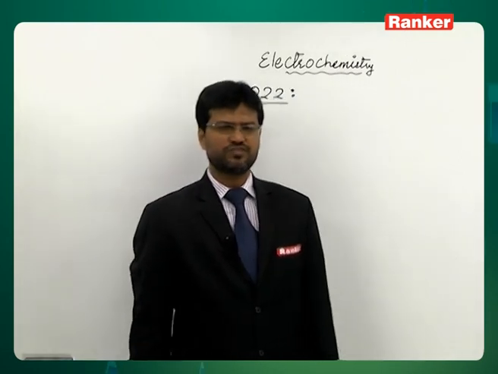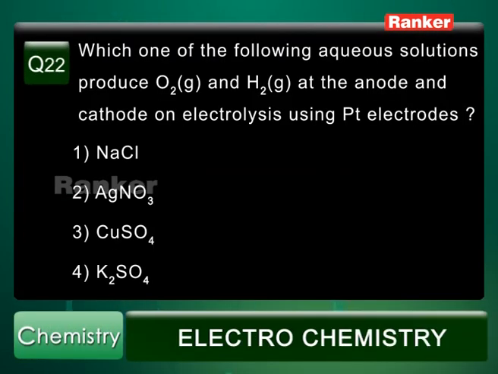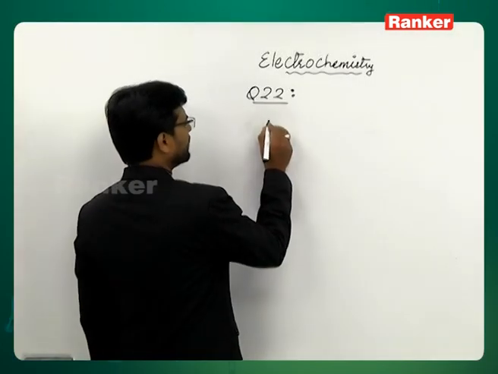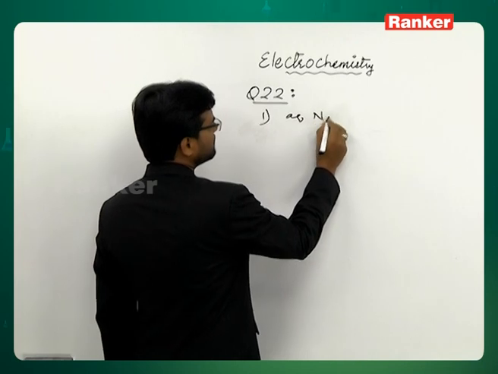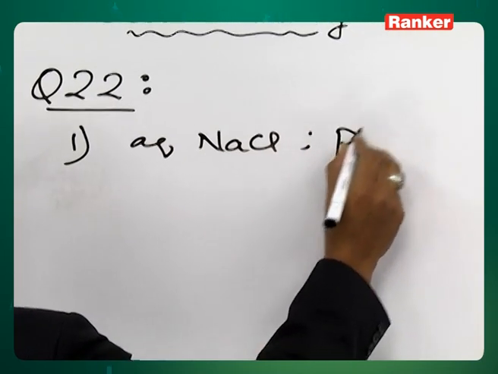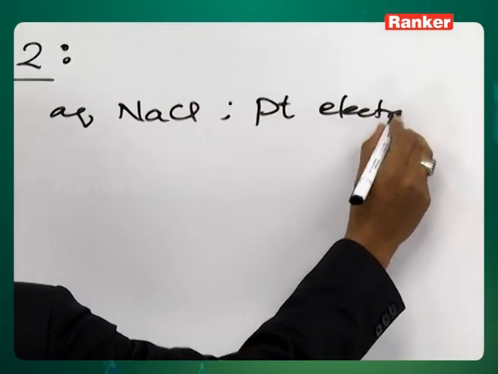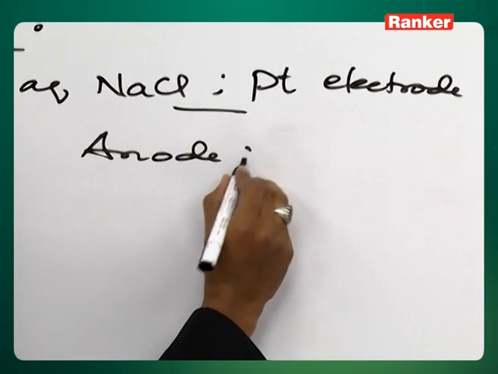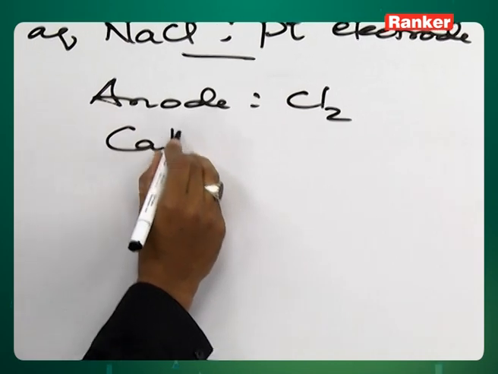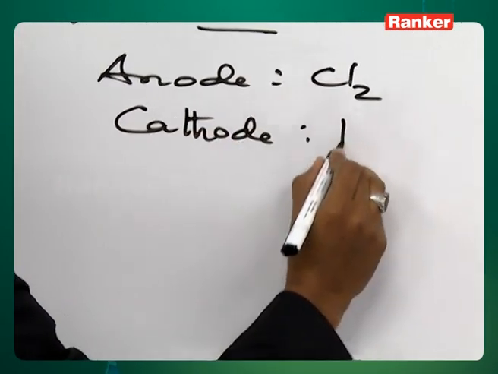Question number 22. Which one of the following aqueous solutions produce oxygen and hydrogen gas at the anode and cathode on electrolysis using platinum electrodes? Look at the first option, aqueous NaCl, platinum electrodes. At anode, this will produce chlorine, and at cathode, this will produce H2 gas.